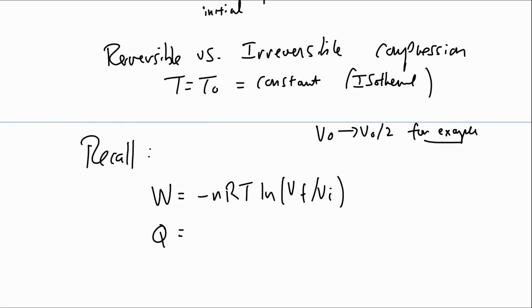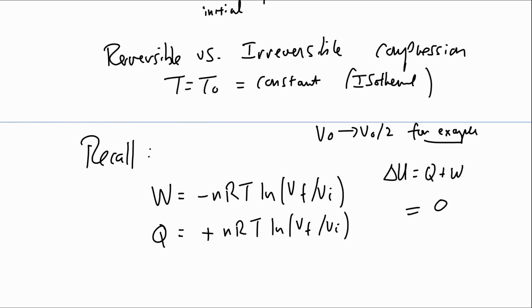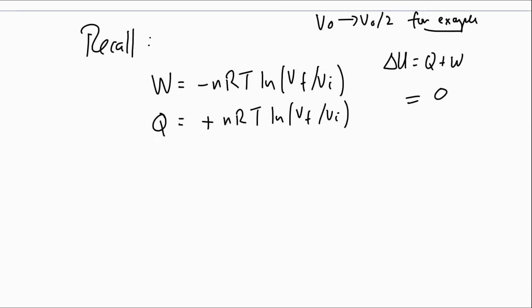We had heat, which is going to be plus nRT log V final over V initial, because remember, delta U is Q plus W, and that's equal to 0 for this isothermal.